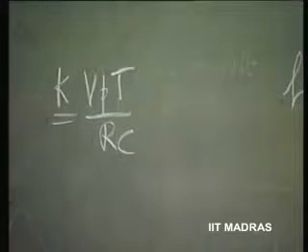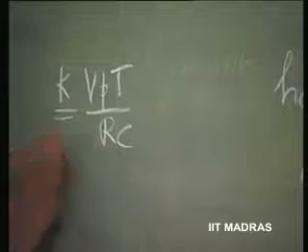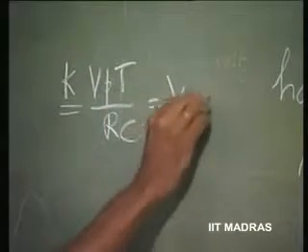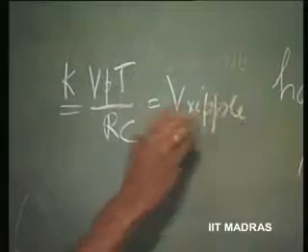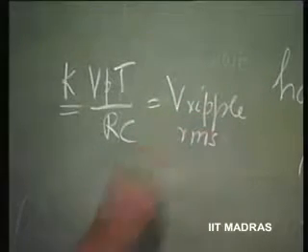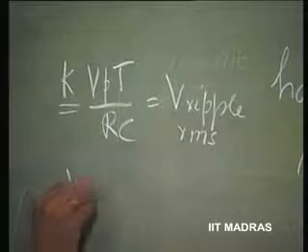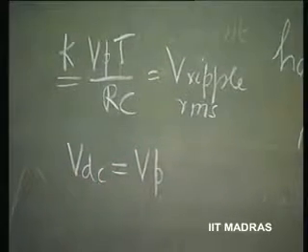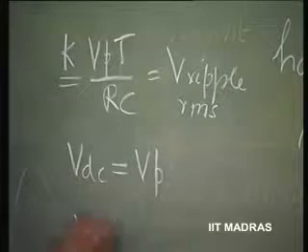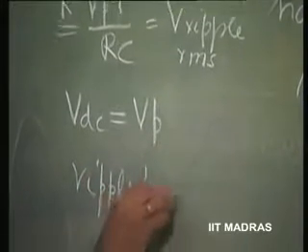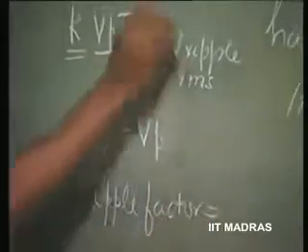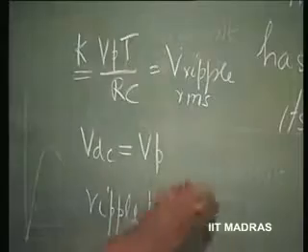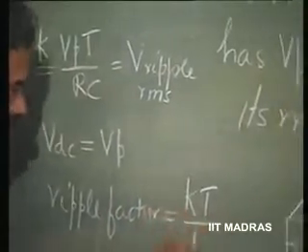I want you to find out the value of k. This is the RMS value of the ripple. This divided by DC, which is Vp, is called the ripple factor. V ripple RMS divided by DC is nothing but k T divided by Rc.